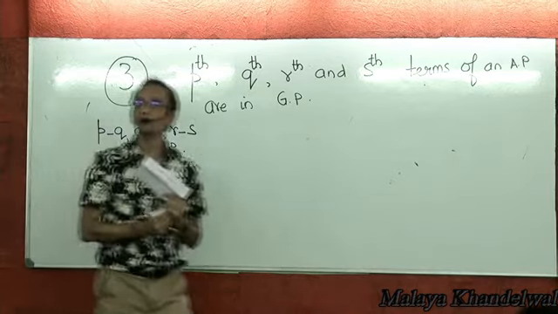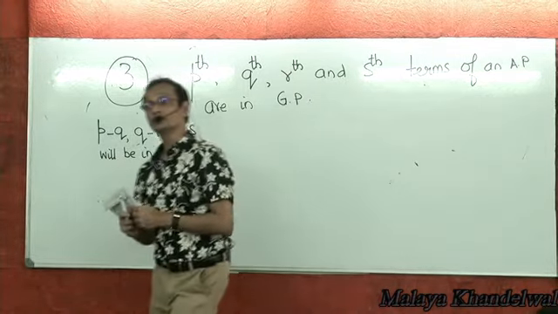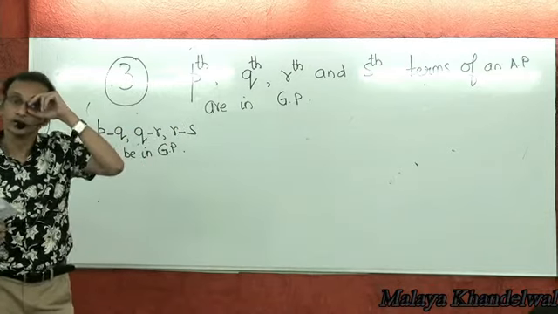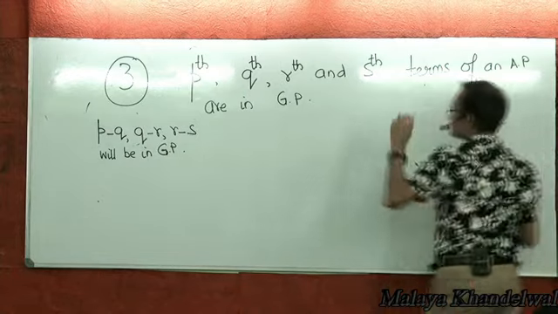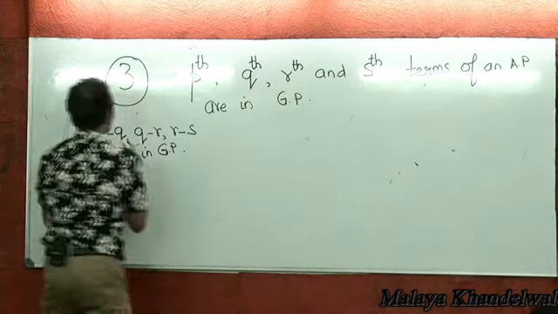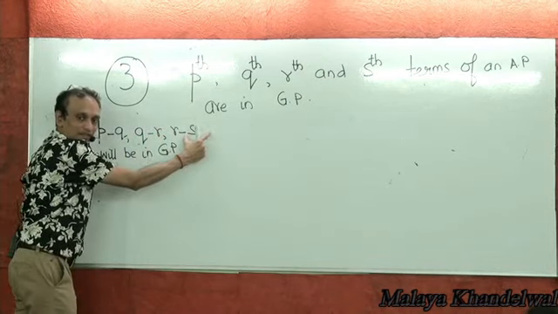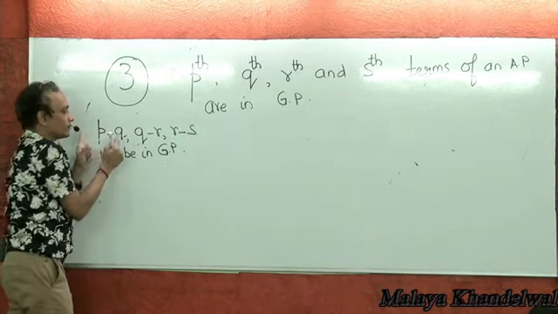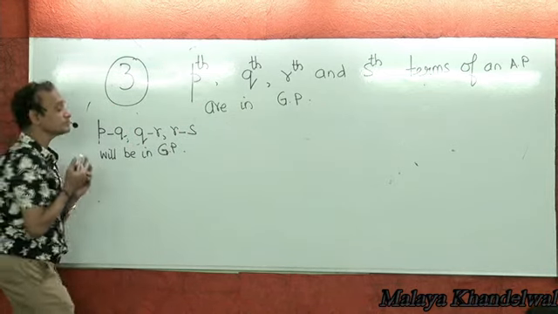We want to show P minus Q, Q minus R, R minus S will be in geometric progression. Clear? Now first of all, let me take you through this. That means we want to show that this divided by this will be the same as this divided by this. If they are in GP means what? This by this must be equal to this by this, right?